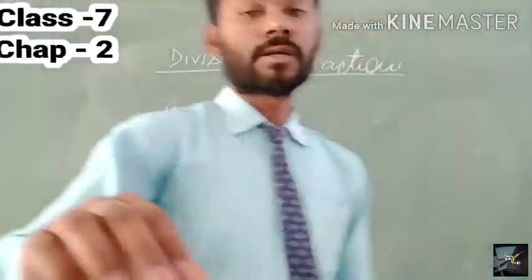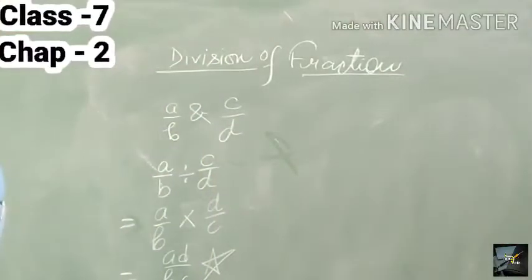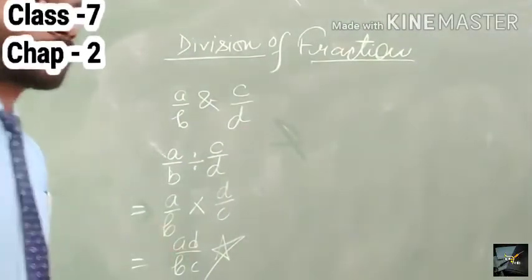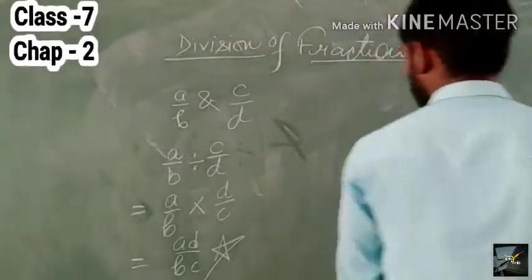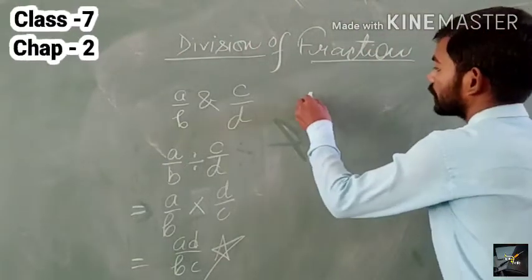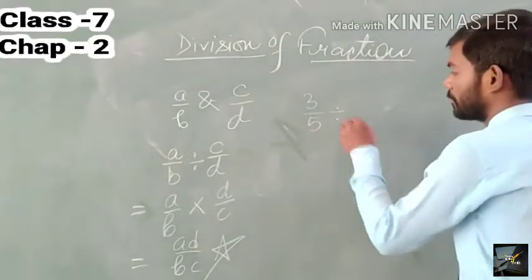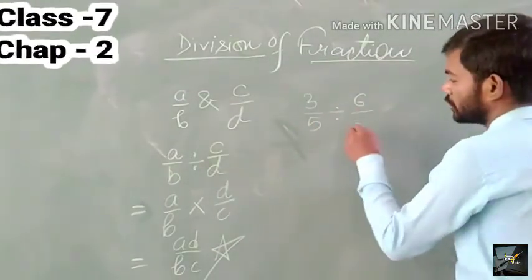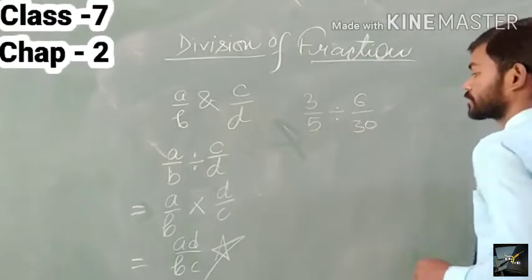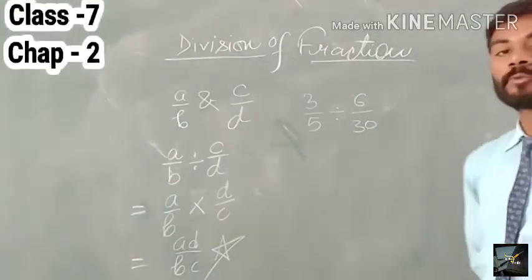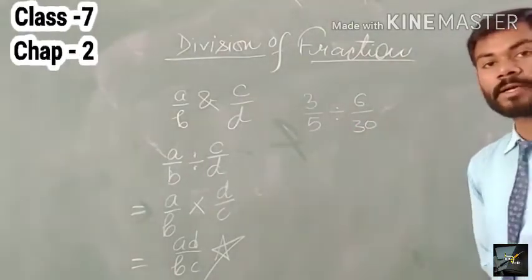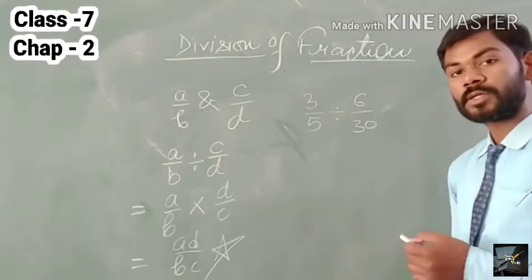Now let us see the division of fraction using an example. Let 3 upon 5 be divided by 6 upon 30.